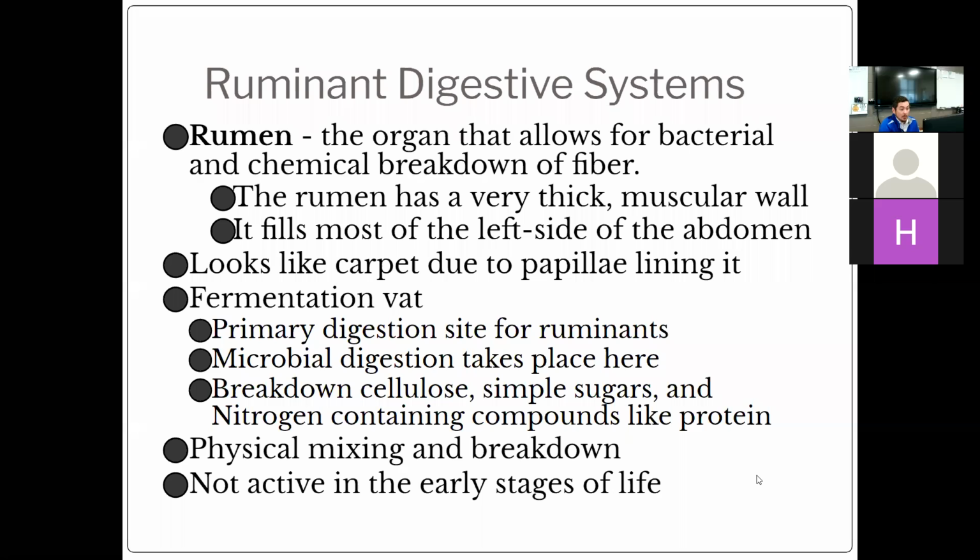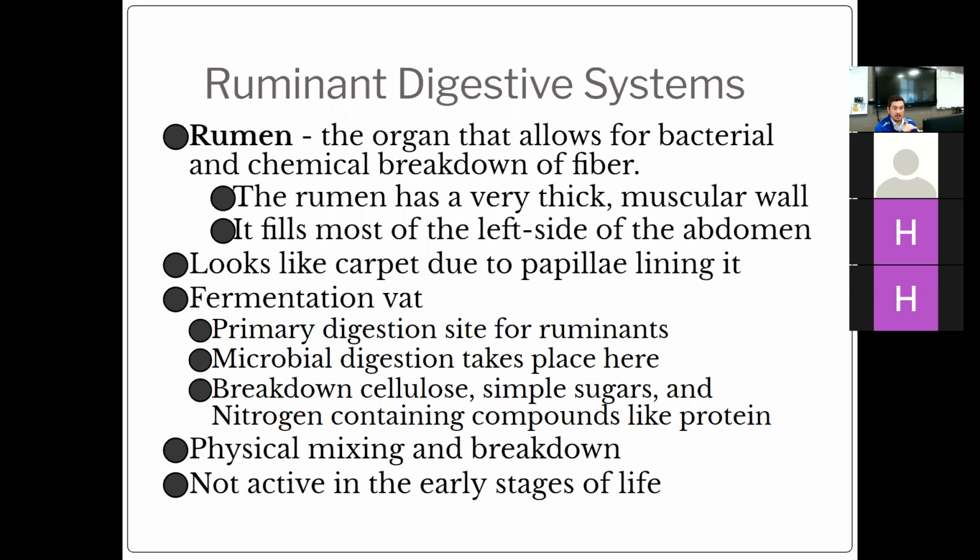It looks like carpet due to the papillae lining the rumen. You'll notice that's very similar to their tongue. It's going to have that rough material because it has those finger-like projections that are very similar to what is on the tongue.